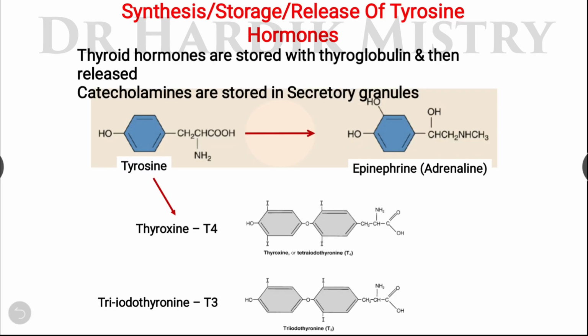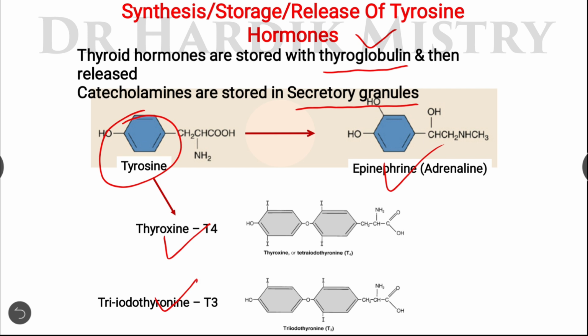Synthesis, storage and release of tyrosine hormones: thyroid hormones are stored within the thyroglobulin and then released as and when needed, and catecholamines are stored in the secretory granules. These hormones are tyrosine derivatives, as synthesis takes place from the amino acid tyrosine. This includes epinephrine, T4 and T3.